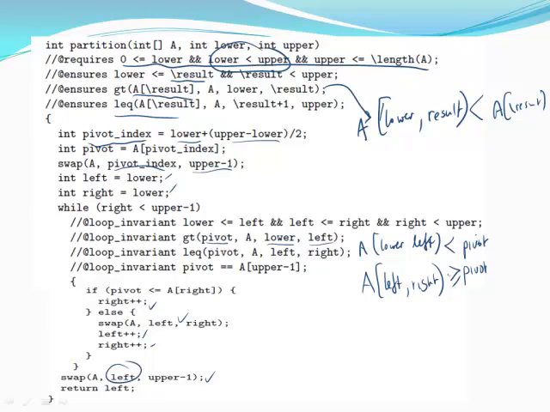And you can also take a loop invariant which is that the pivot is always at upper minus 1, because we don't really change the pivot until we go out of this loop. So we have a bunch of loop invariants that we can prove, and perhaps we can use them to prove the correctness of the algorithm. So this ends the quick intro to quicksort, but we will talk about more details in class.